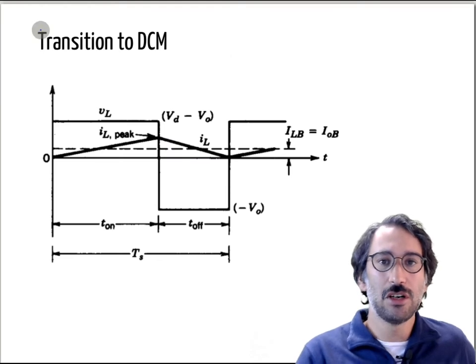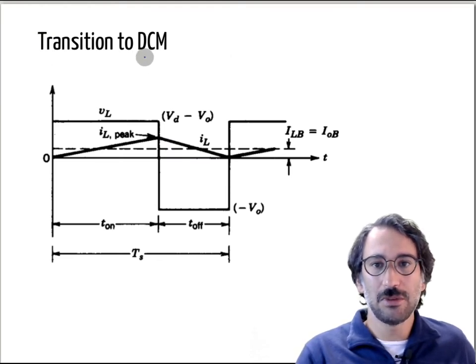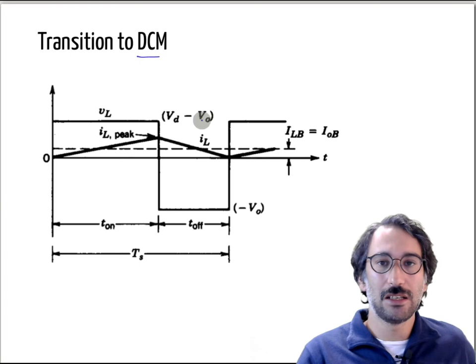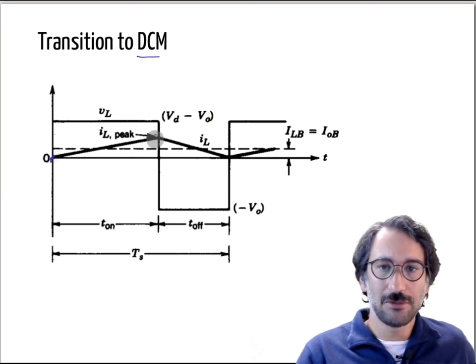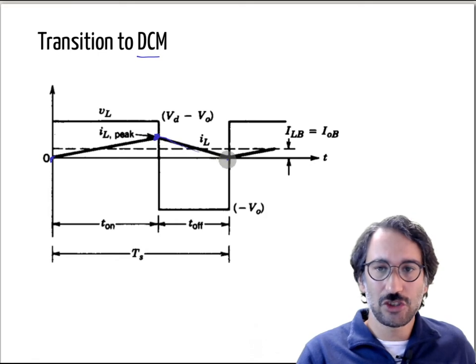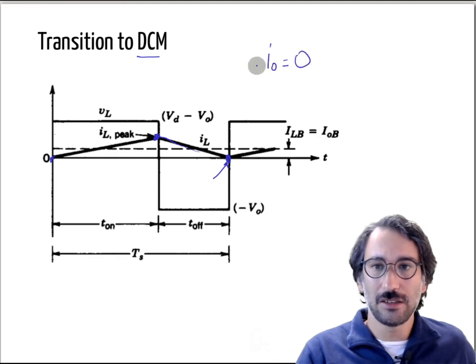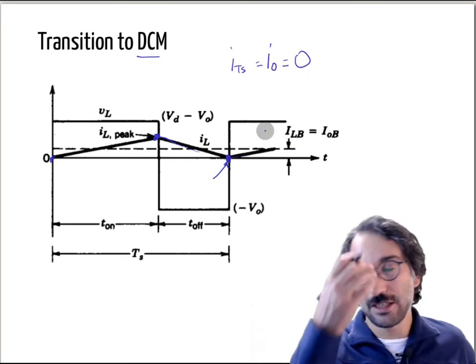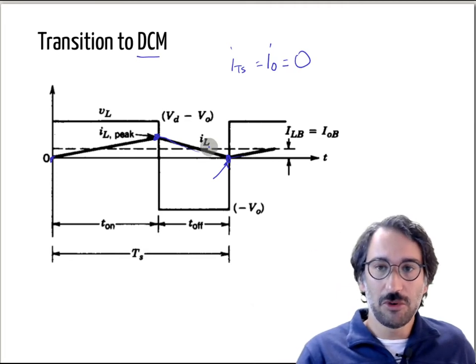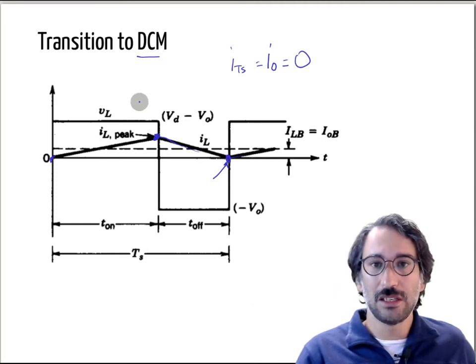So we would like to find the instant where we move from continuous conduction mode to discontinuous conduction mode, and that is where, when the inductor is discharging, it just touches zero. So I at TS will be equal to 0 amps, and at that instant you are charging it again. The point where it touches is the transition to DCM.